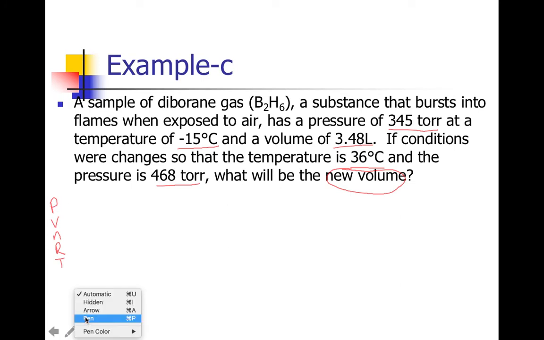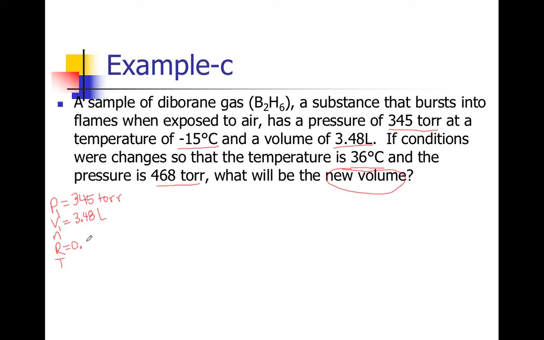and I am going to pull those numbers out. 345 torr. And if you'll notice, we actually have 2 pressure values. So we have two different conditions here. So I'm going to call this P1. V1 is the 3.48 liters. We do not have a value for n.